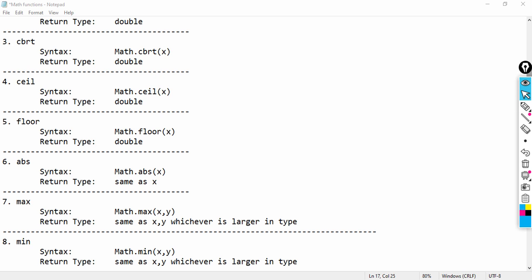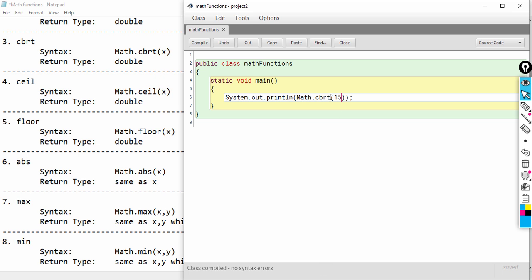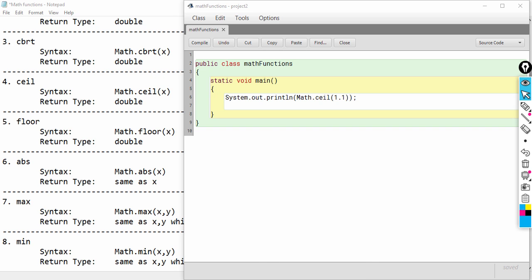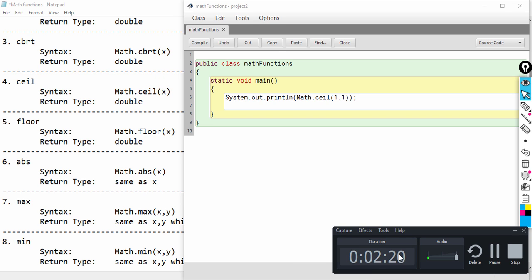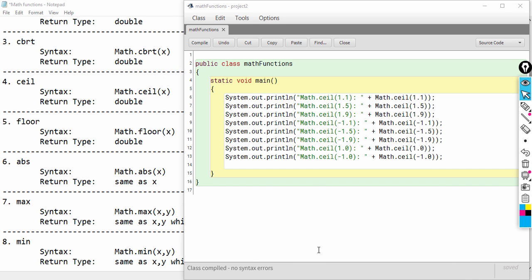So let's look at a few examples. Math.ceil 1.1. Let's look at the output for this program.